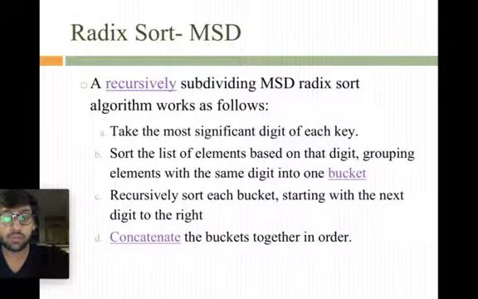Since all the elements in a bucket have the same most significant digit, now I'll have to sort within the bucket. I'll have to check the next most significant digit. So recursively sort each bucket starting with the next digit to the right. Finally, once I have all the buckets sorted, I'll have to concatenate the buckets together in order. The most important part again here is to ensure that while concatenating, the order within a bucket is maintained as it is in the final ordering.